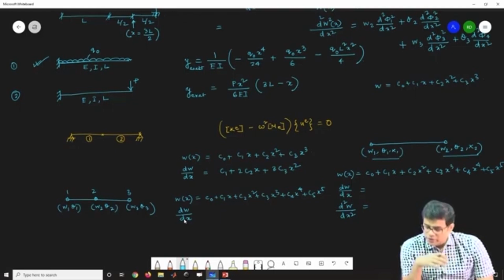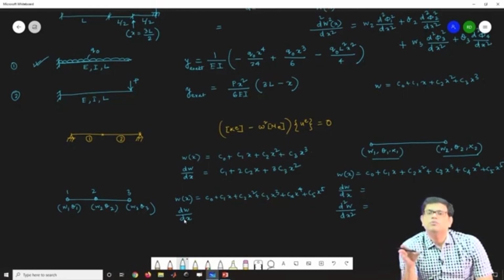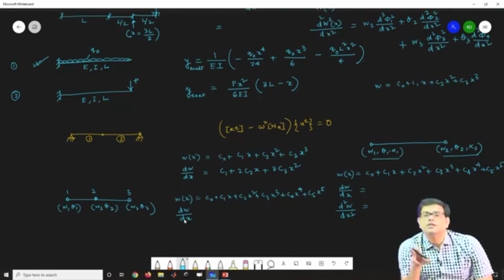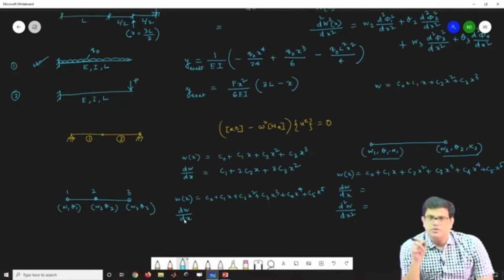So I suggest everyone, if you know any programming language, use these theories and code them to solve simple problems and see how they perform, because for most simple problems you know the exact solution. You can compare how much element refinement is required to get an acceptable accuracy with the exact solution.